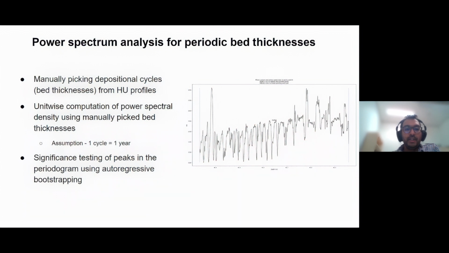And then we did a power spectral analysis for each of the units, going from unit 1 up to unit 4B, based on the same assumption. We also did significance testing of any of the peaks that we identified in the power spectral analysis, just to make sure that these peaks are significant from a statistical point of view.